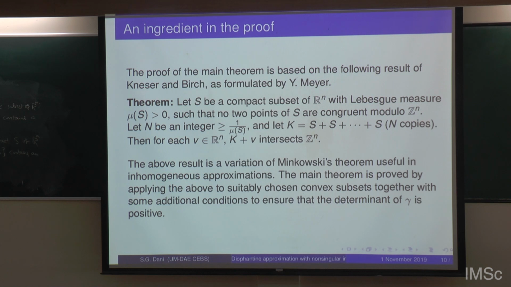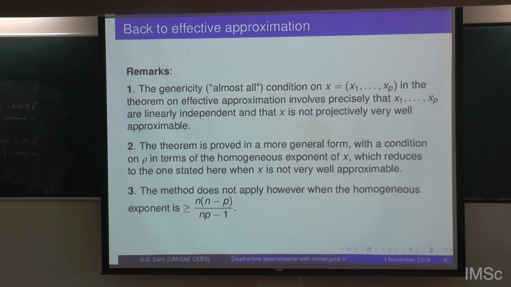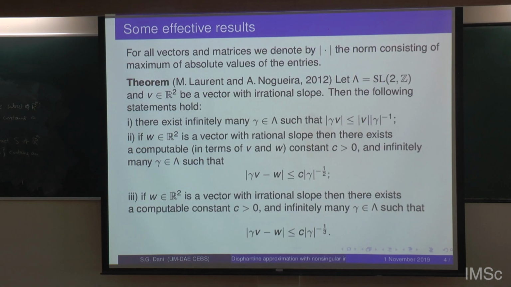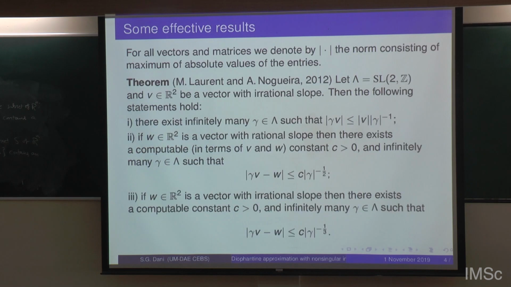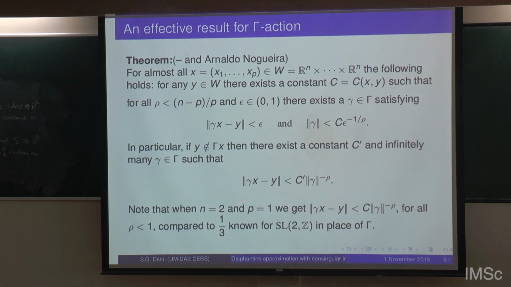Okay, so what is the significance, what is the connection of this with our situation? It is the following. We are trying to get a gamma such that these two conditions are satisfied, right?